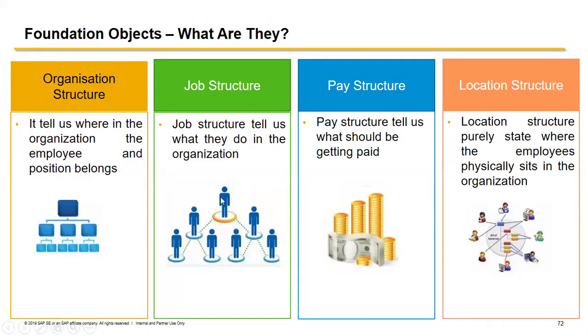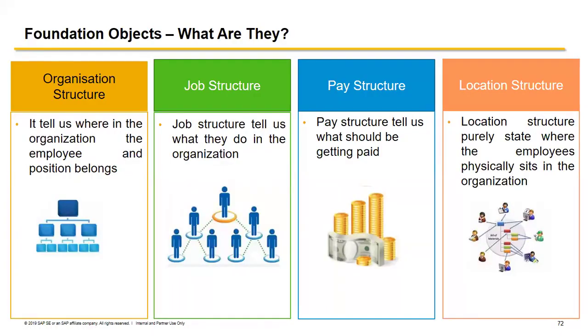And then the job structure tells us about what an employee does in the organization. Electricians and fitters report to their engineers. Engineers report to their managers, general managers. General managers report to their president. President reports to director. Director reports to maybe the CEO. It gives us the structure of the employees. And the pay structure tells us about how an employee gets paid.